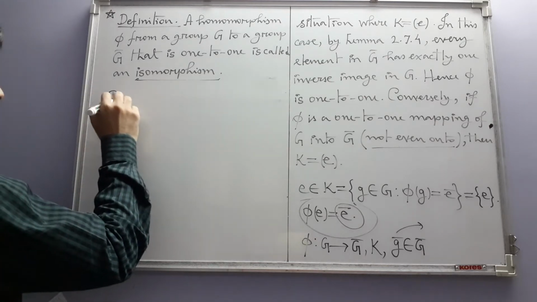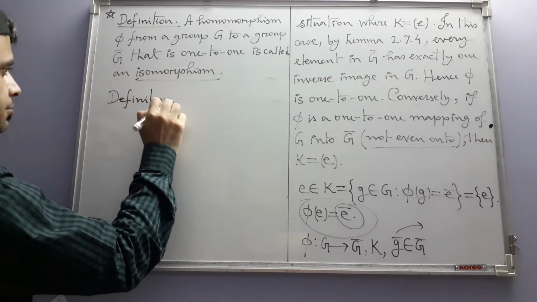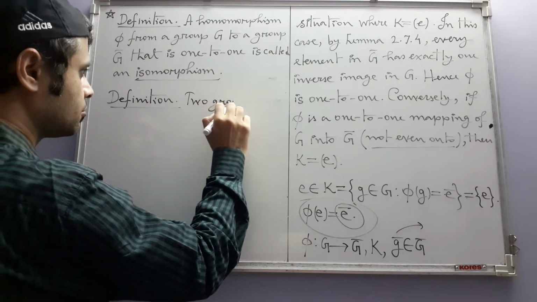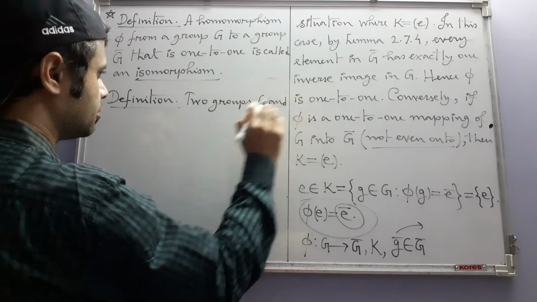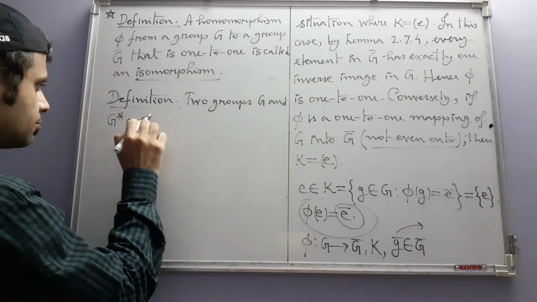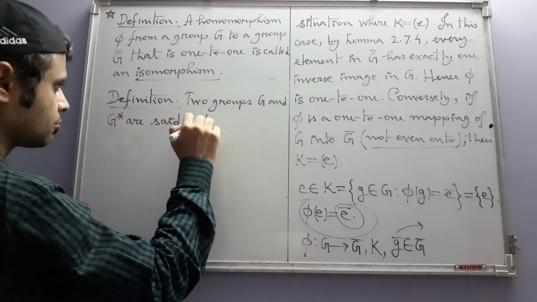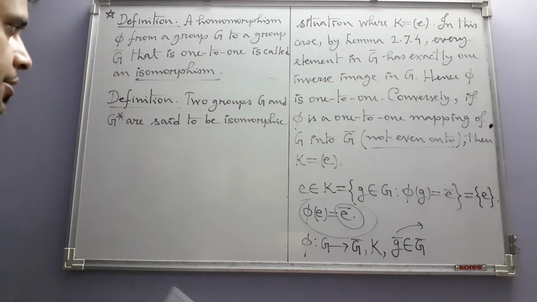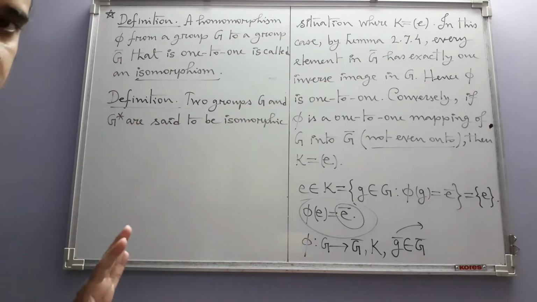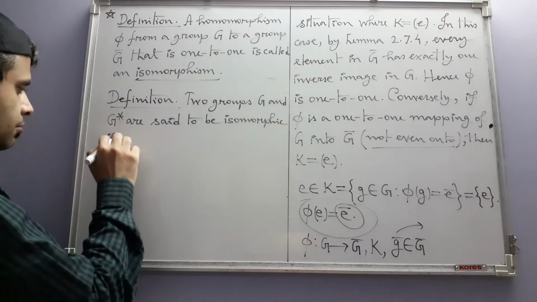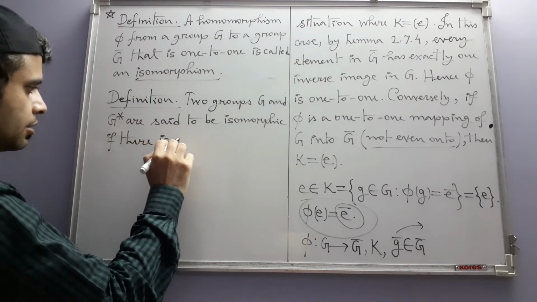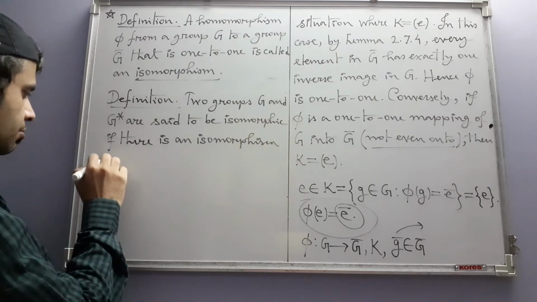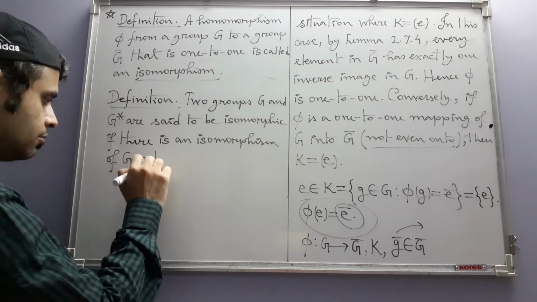Next, there is another definition. Two groups G and G star are said to be isomorphic, or we also express this by saying that G is isomorphic to G star, if there is an isomorphism of G onto G star.